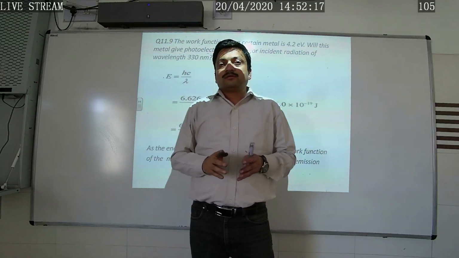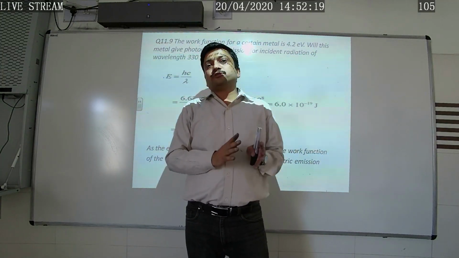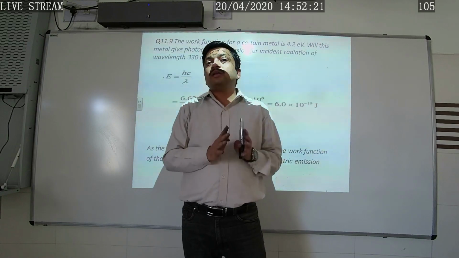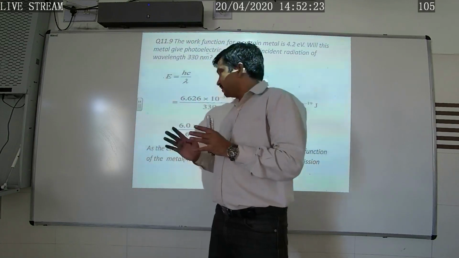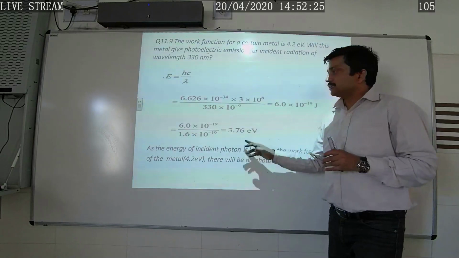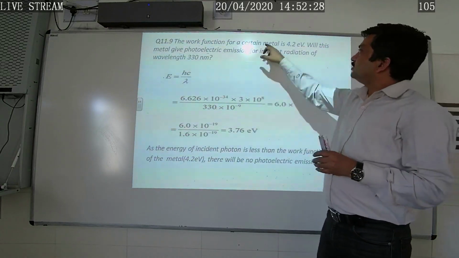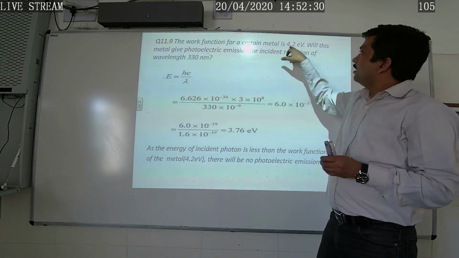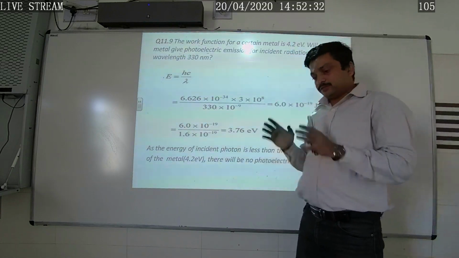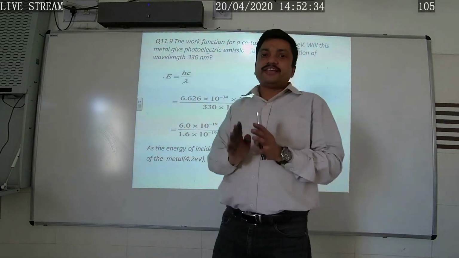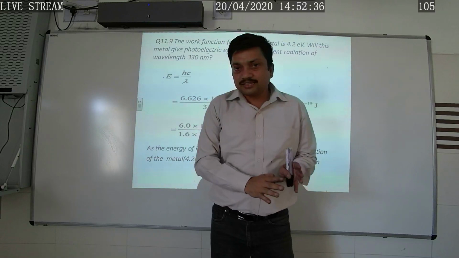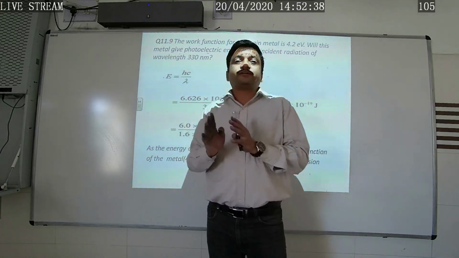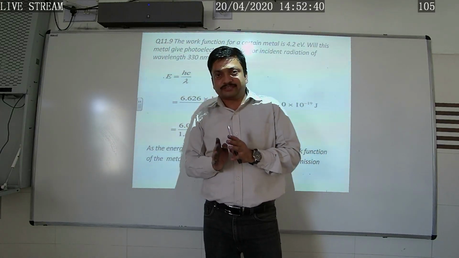The metal will show the photoelectric effect only under the condition that the energy of the incident radiation is greater than the work function. If the energy of the incident radiation is lesser than the work function, then no photoelectric emission will take place.